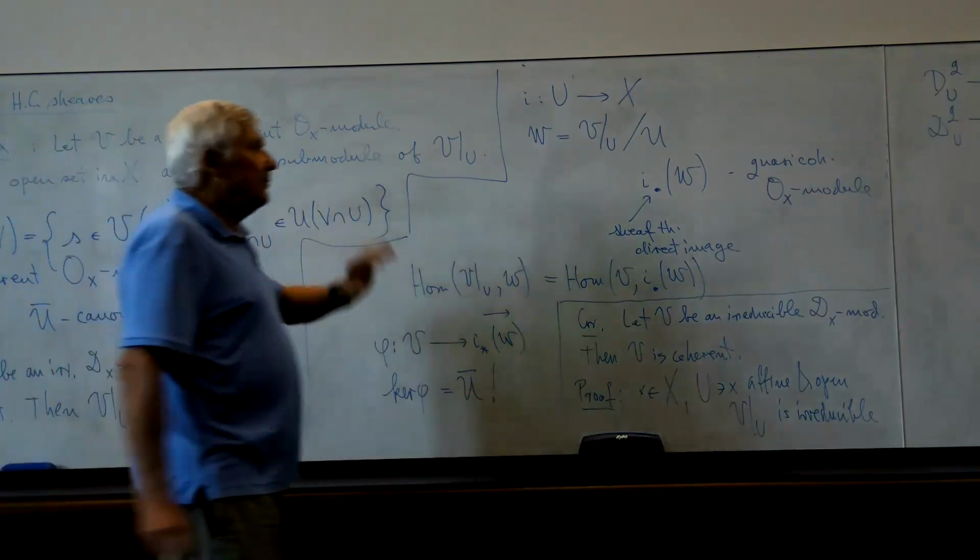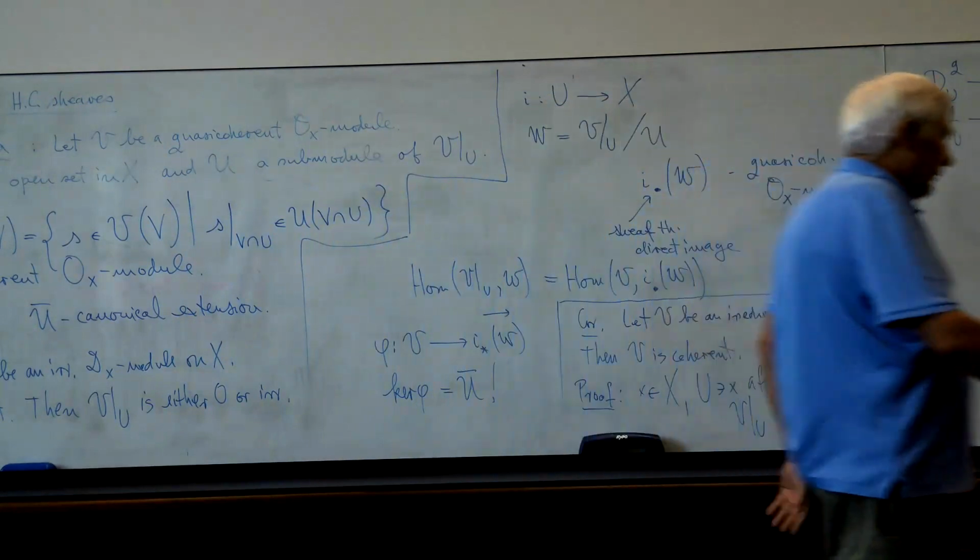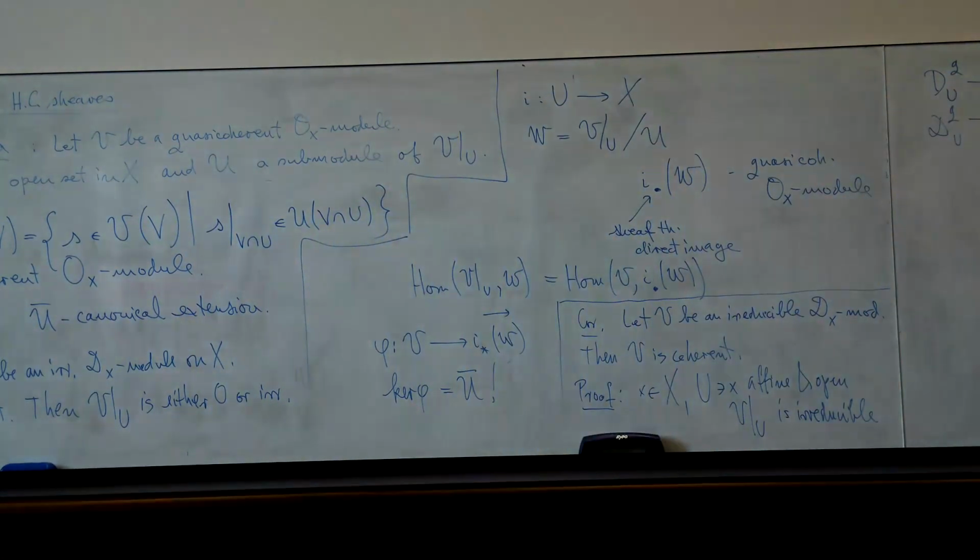But up to this moment, we didn't use Miličić at all, so this will be used later in the argument. Okay, so this is probably the place to stop. Any questions?